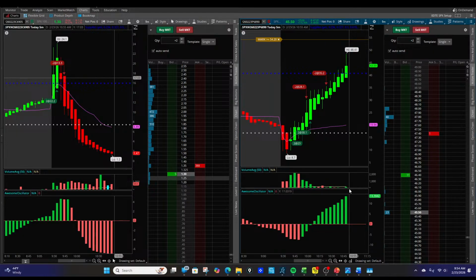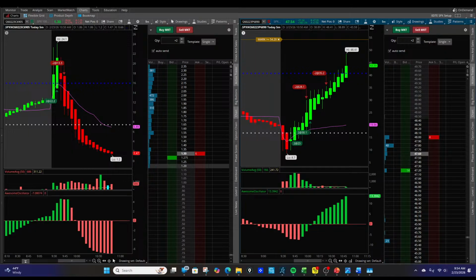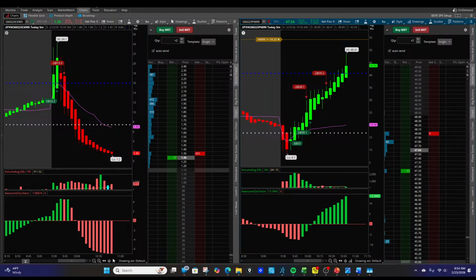One thing, if we look down here at the volume, it is saying 166 and then 241 is the average. We want it to definitely go above the 50-day average for it to move.